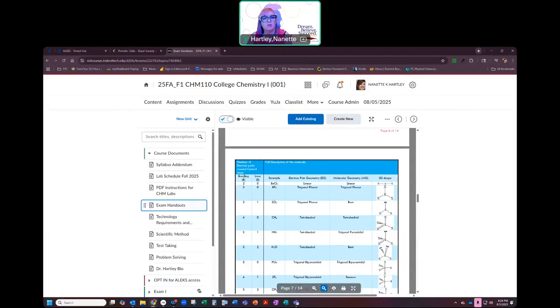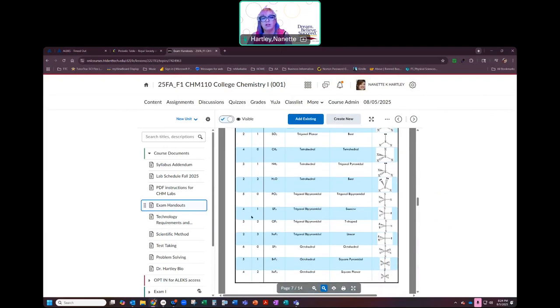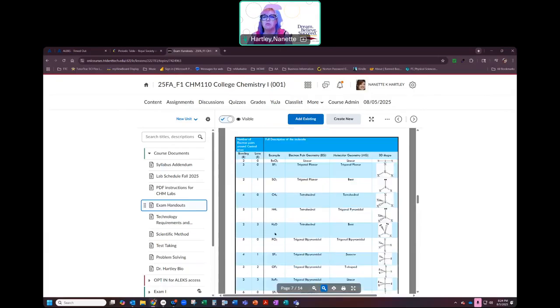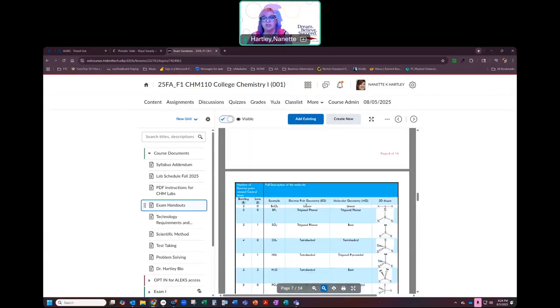What it says is the number of bonding groups and the number of lone pairs. So I want to find where I have 4 bonds and 2 lone pairs. So I see 4 here, but that's 0. I see 4 here, and that's 1. And if I look all the way down here, I have 4 and 2. My example molecule is XeF4. Oh, look, isn't that nice? The electron pair geometry is the first thing.